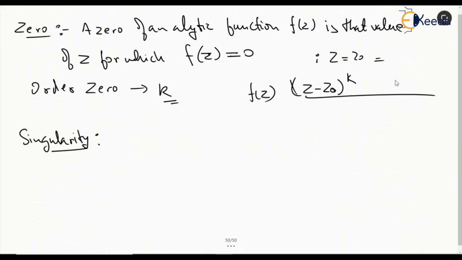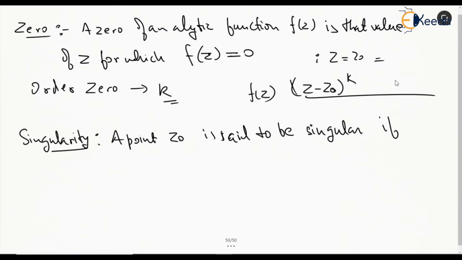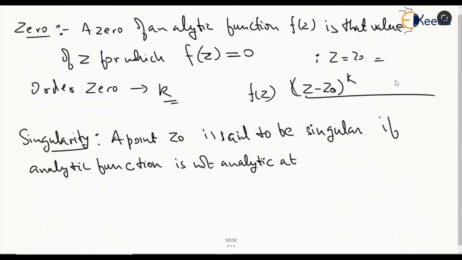That is, a point z naught is said to be singular if the analytic function is not analytic at z equal to z naught.